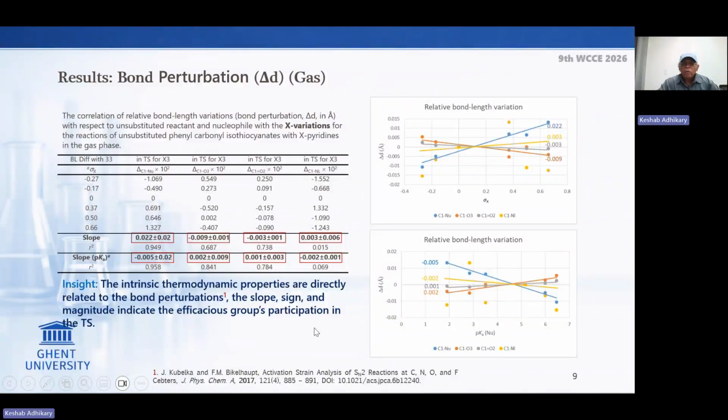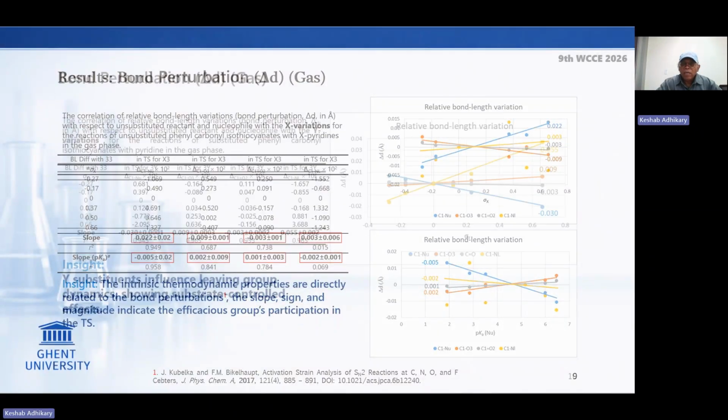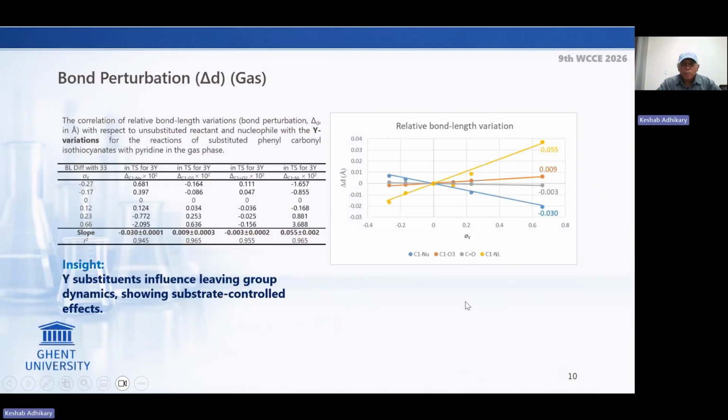From this value, we can find out how the TS is associative type, a tighter TS it can form. When we plot the Y substituent variation, we find that the Y substituent plays a role in assisting the departure of the leaving group.